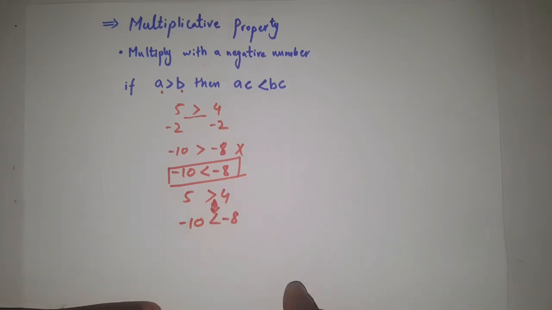Direction of inequality is reversed. This only happens if we multiply with the negative number. This is the only difference between the properties of inequalities and properties of equalities. Except this property, both the equality and inequality properties are similar.